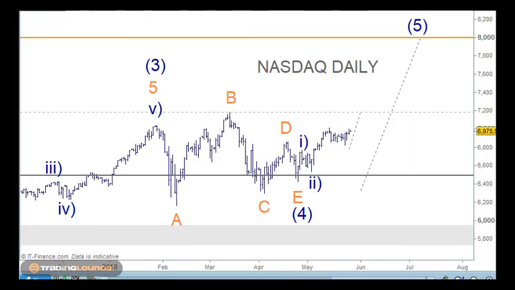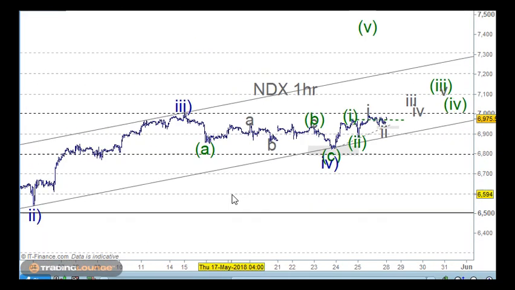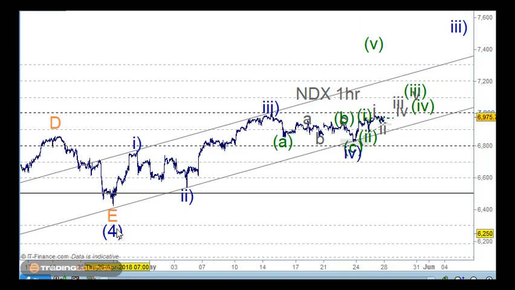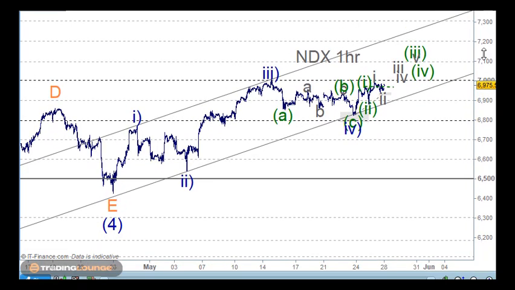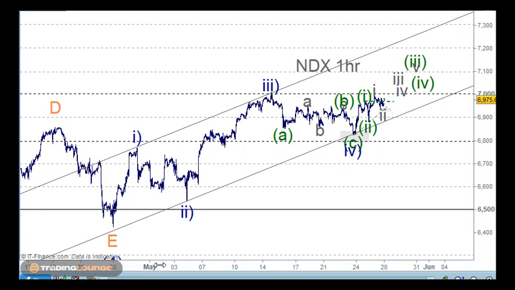Coming back to the NASDAQ, I'll just go into an hourly chart here that will pick it up from that E wave low. We've got a nice Elliott wave trend channel happening here, so I've taken the top of 1 and 3 and then brought that across to sit on 2, and it sits on 4 here.